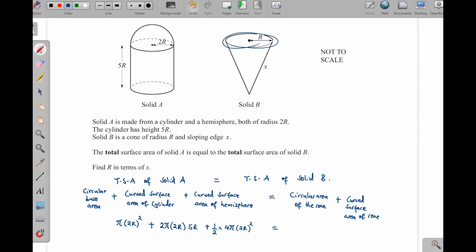This one here is pi r squared. So we have pi, then r squared, and then plus the curved surface area of the cone. It is pi r l, pi, then r, but our l is this x here.